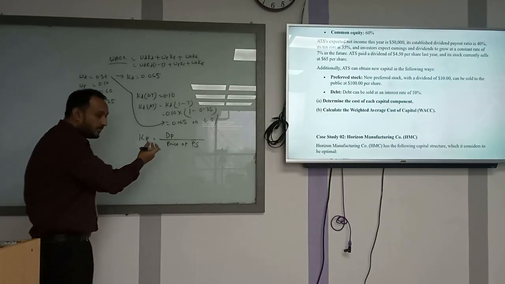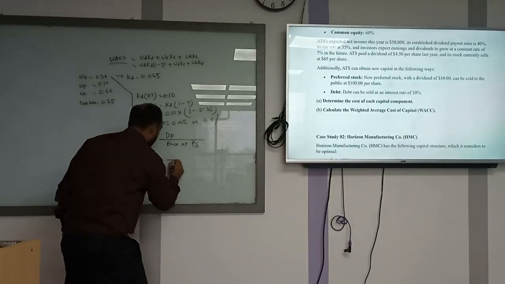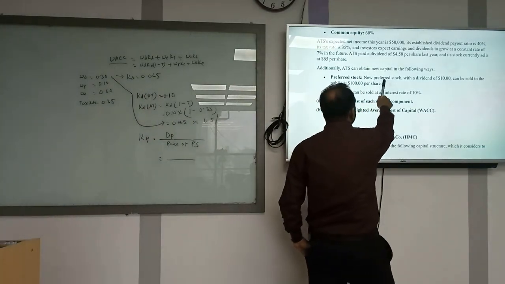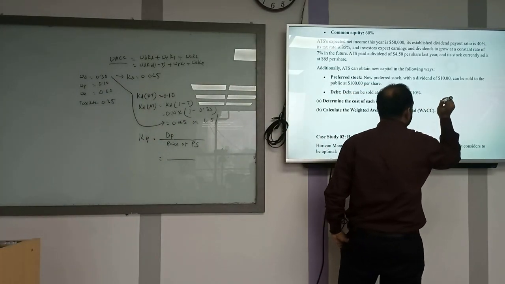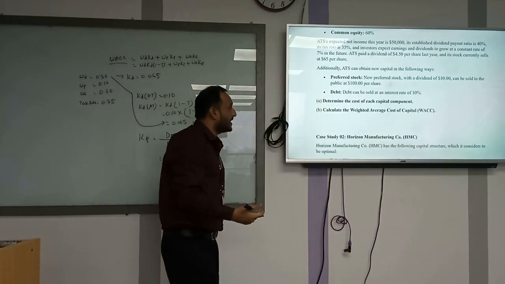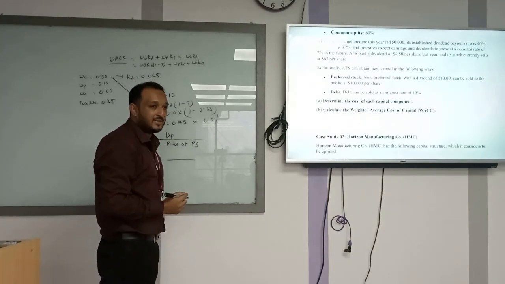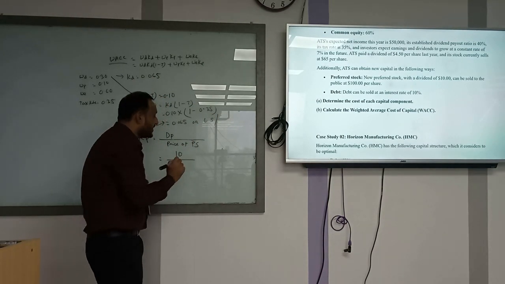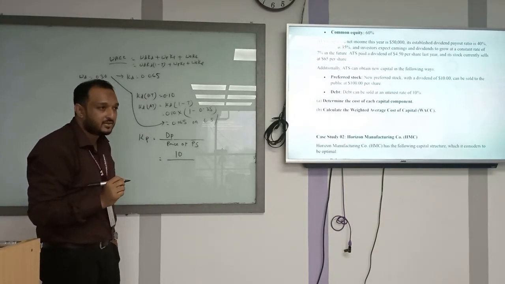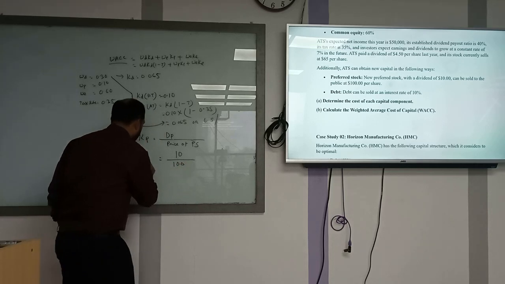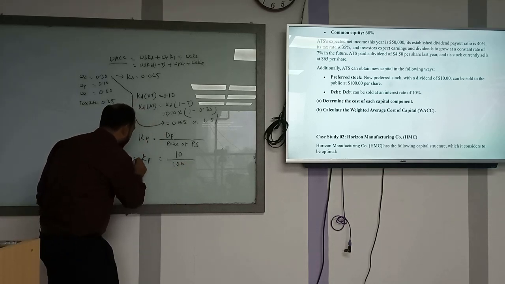Here it is stated that a new preferred stock with a dividend of $10 per share can be sold to the public at $100 per share. So the dividend is $10, and the price of preferred stock per share is $100. Just divide.